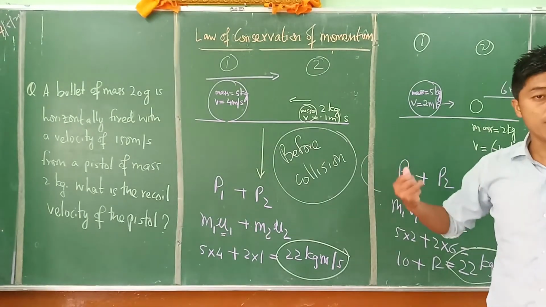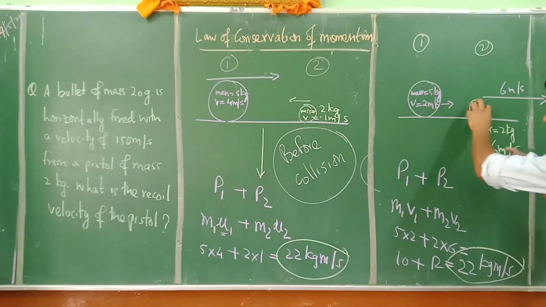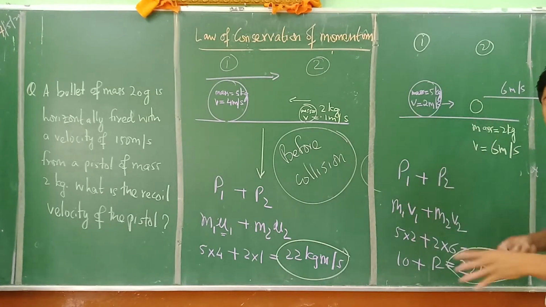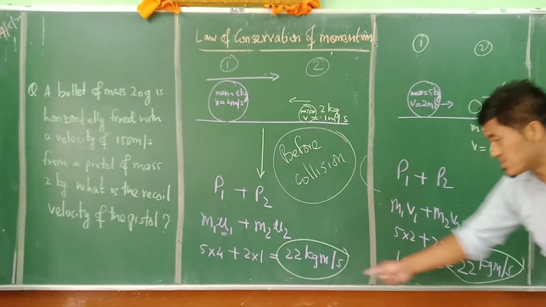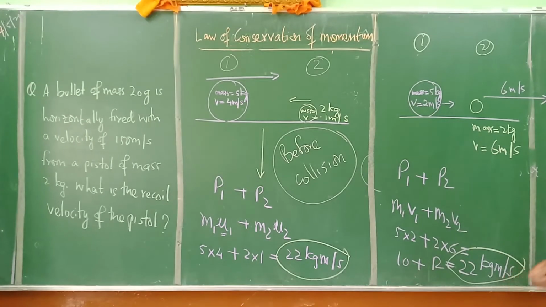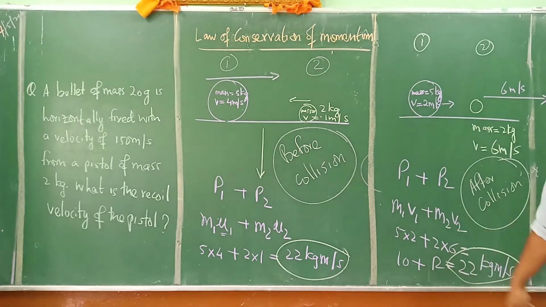After collision there will be another momentum in this and that. These two momentums are the same, 22 kg meter per second and 22 kg meter per second. This is in the case of after collision. Is that clear? So this is the law of conservation of momentum.